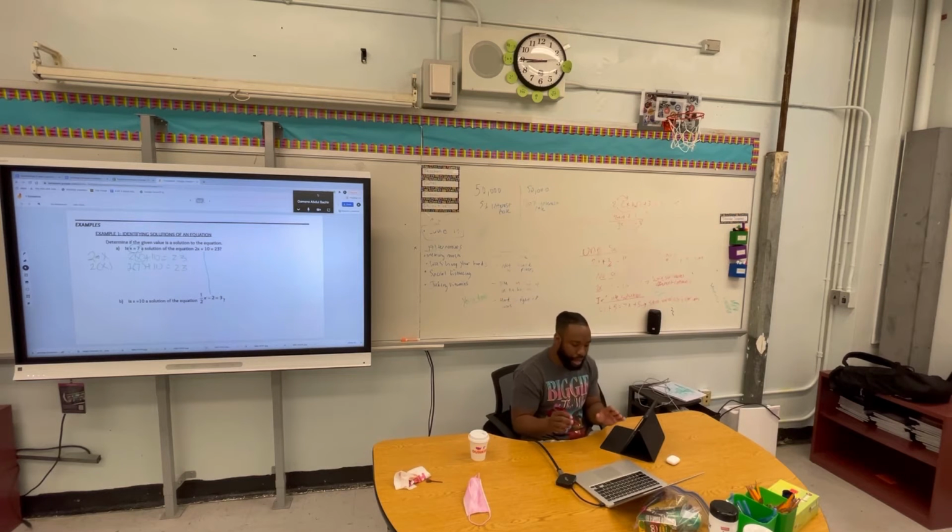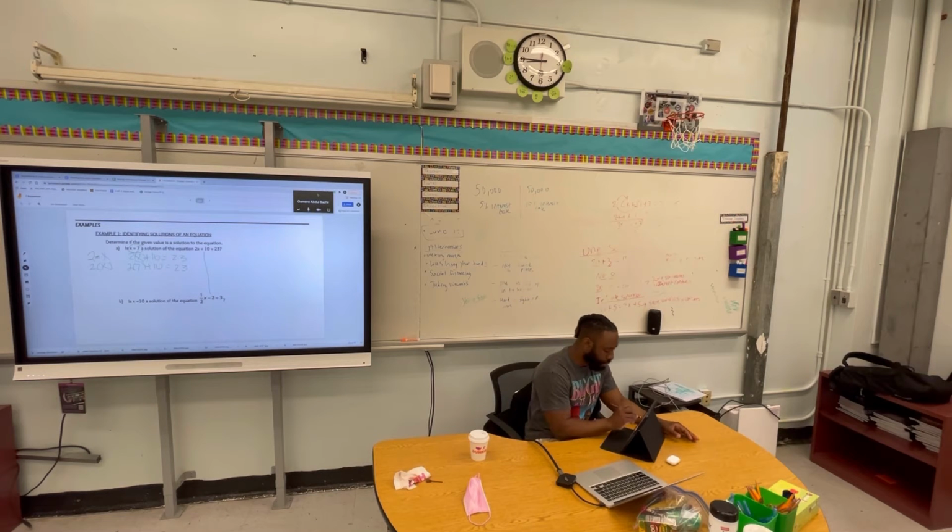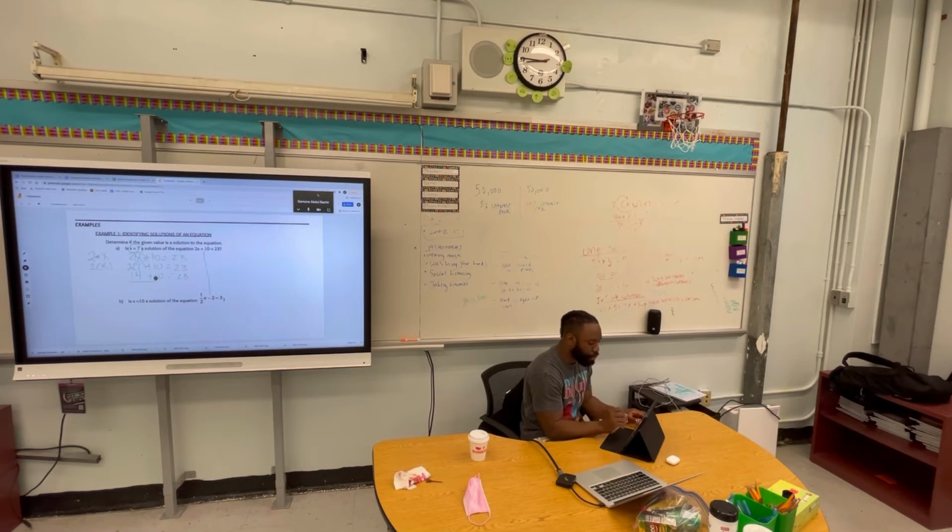So all we have to do now, first we're going to multiply 2 times 7. What's 2 times 7? 14. So 14 plus 10 equals 23. Now we have to see if this is true: the left side, 14 plus 10, must equal 23.